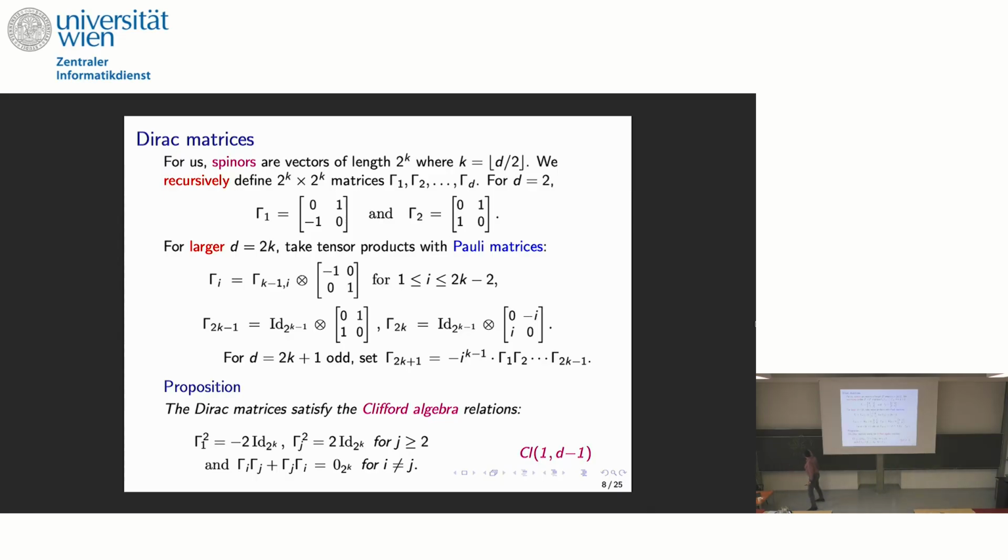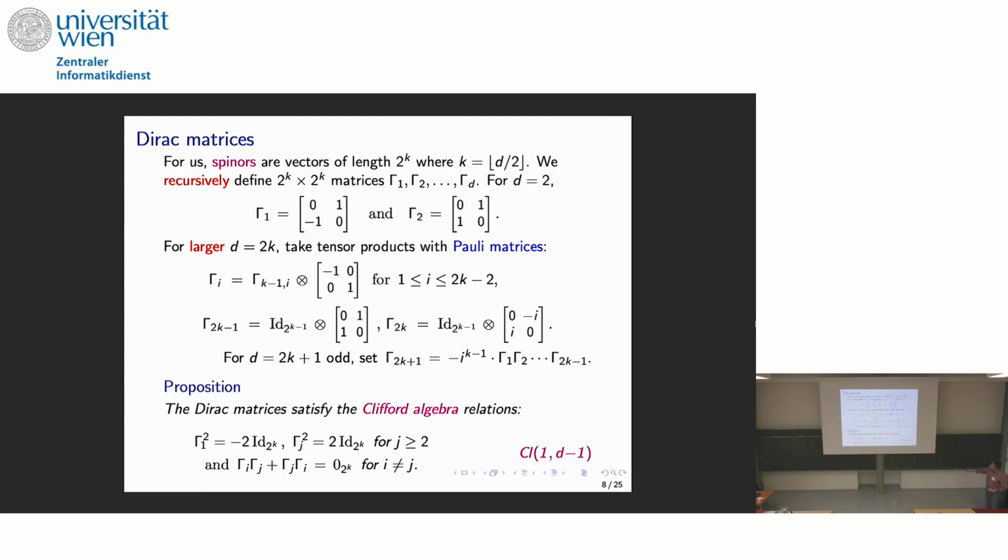What I'm going to do is take Q to be 2 times the Lorentzian inner product. Just for technical reasons, I take the inner product where the diagonal entries are minus 2, 2, 2, 2, 2. So this big matrix, gamma 1, if you square it, you get negative 2 times the big identity matrix. Every other big matrix, if you square it, you get 2 times the identity matrix.